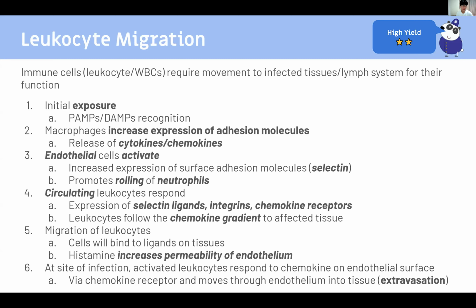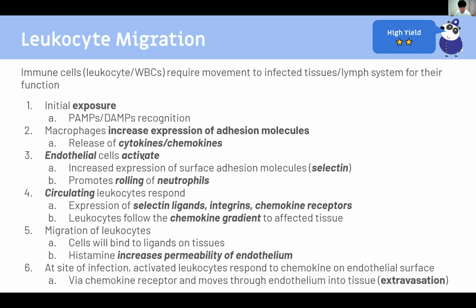Then macrophages will increase expression of adhesion molecules. And what this means is they will release cytokines and chemokines. These adhesion molecules will help the immune cells adhere to the entrances towards the tissue, allowing them to get in, basically.